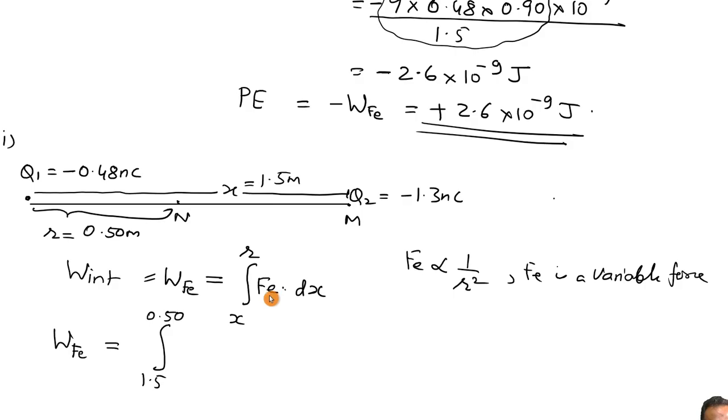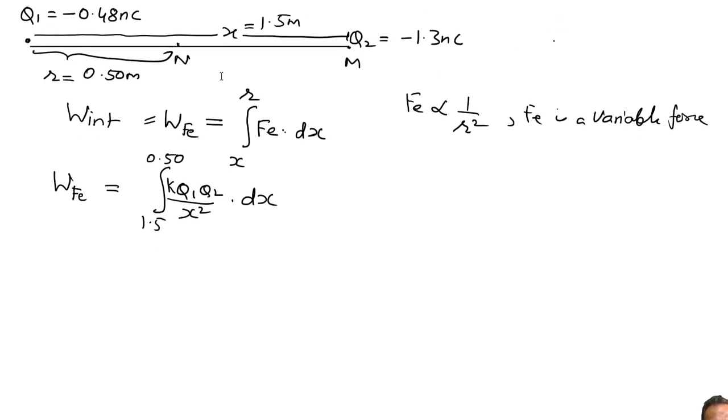Fe will be Q1 Q2 K divided by x square, because that is the original situation between Q1 and Q2. Initially the distance is x, so x square multiplied by dx. Is that clear?